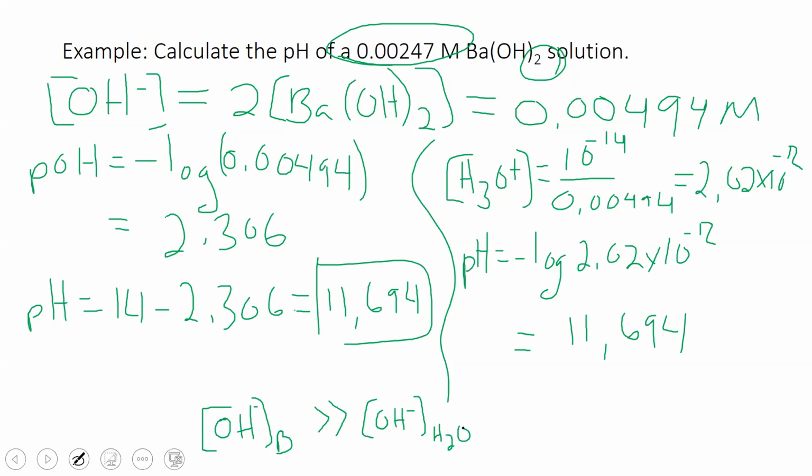Similar to what we did with the strong acid calculations and the concentration of hydronium from the strong acid. If the concentration of the strong acid was like less than 10 to the minus 6, then you had to take into account the concentration of hydronium from the autoionization of water. Same idea goes here, but for hydroxide instead.